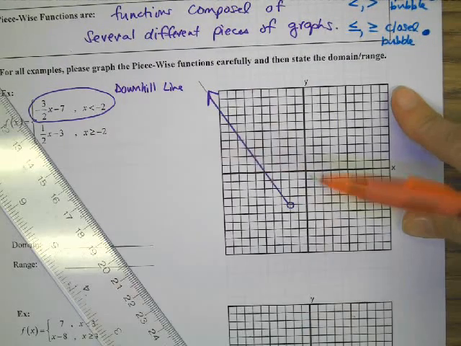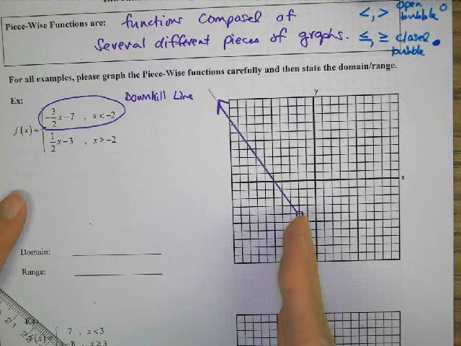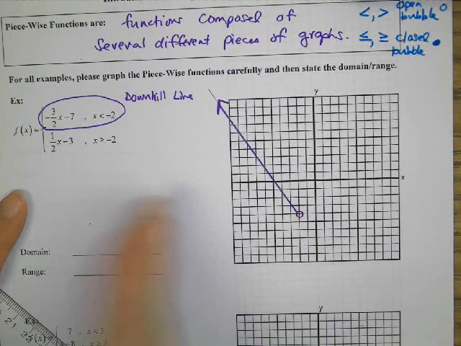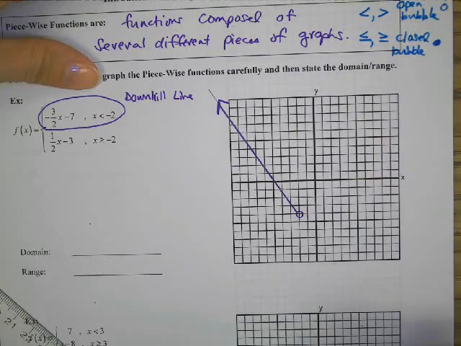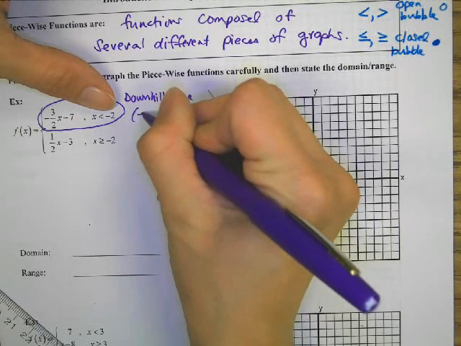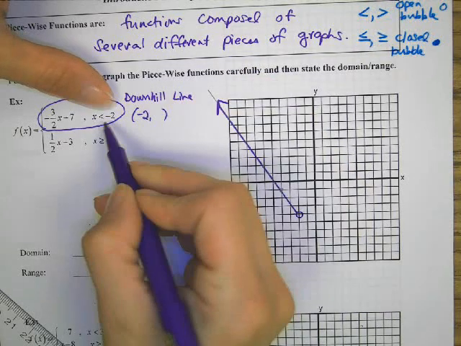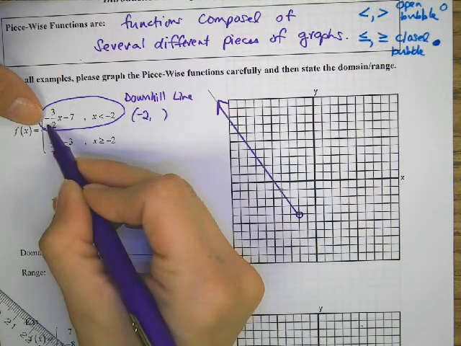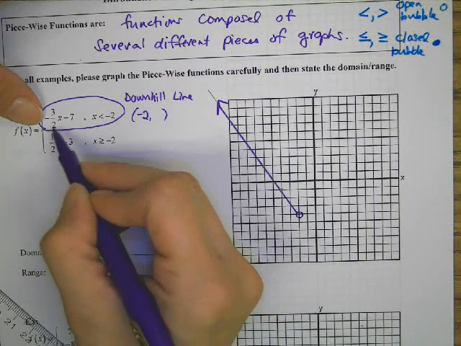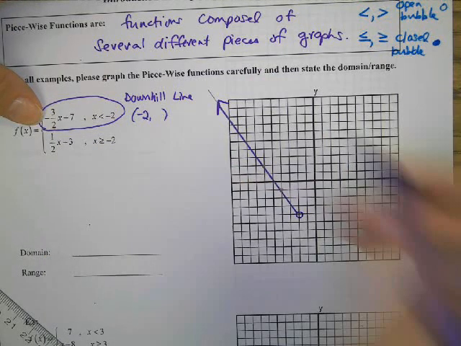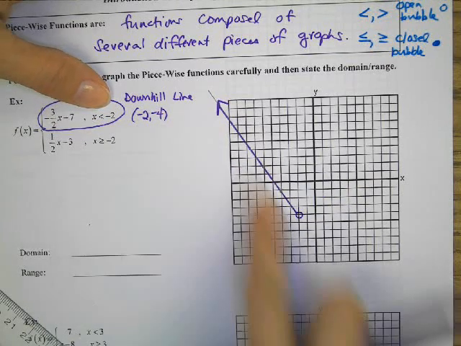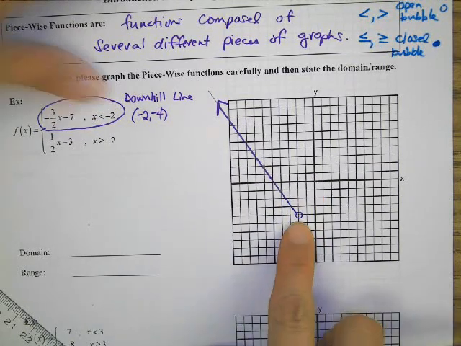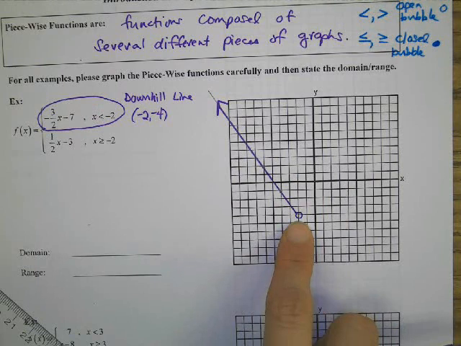We only want the piece where x is less than -2. Plugging in -2, the negative cancels, and that's 3 minus 7, which gives me -4. So the starting point for this line is (-2, -4), and that's right there. This works really well with lines, not so much with parabolas, but at least it tells me where the starting point is.